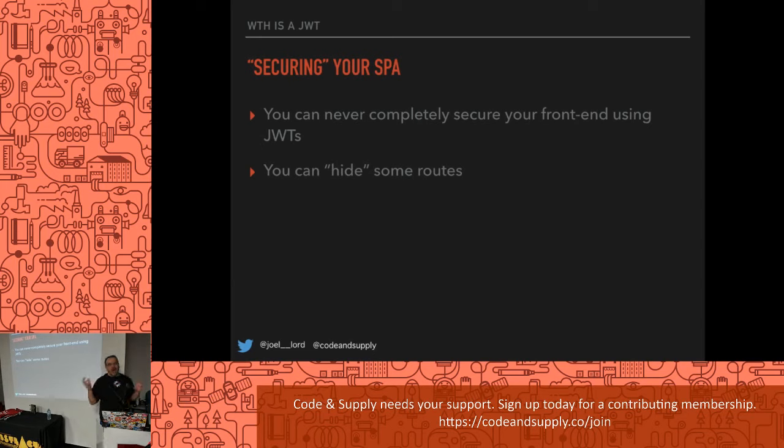But you can at least hide some of the different routes. So if a user tries to access your page /secret-area, there are ways to not give them access to it. They will still be able to go into inspect element and see that data. So that's why you need to make sure that your API is protected and not serving any data without using that JSON Web Token. But if you want to hide different sections of your UI, it's always possible.